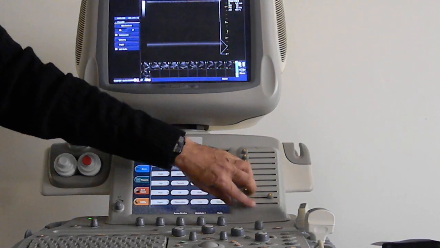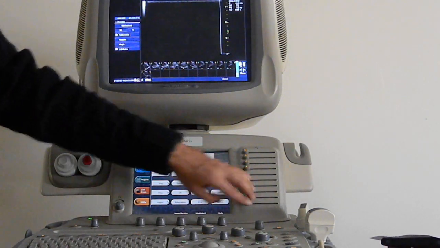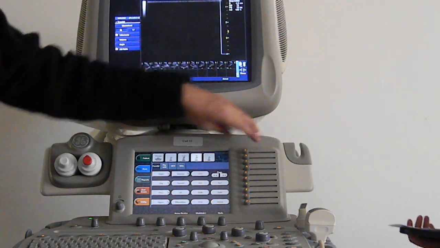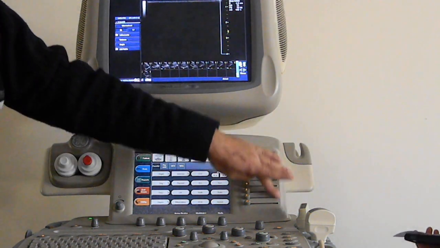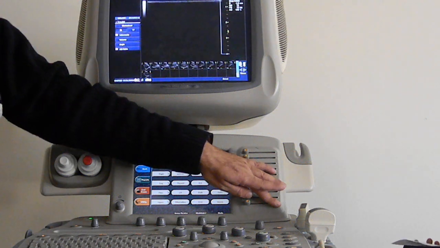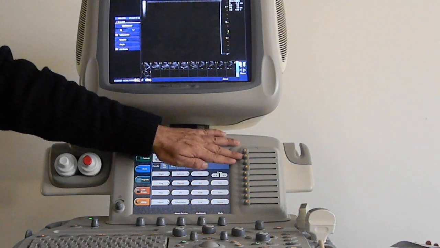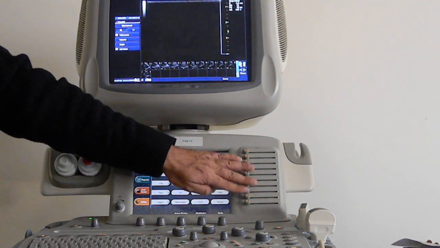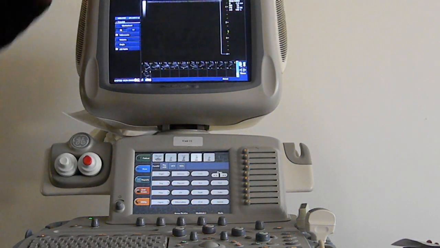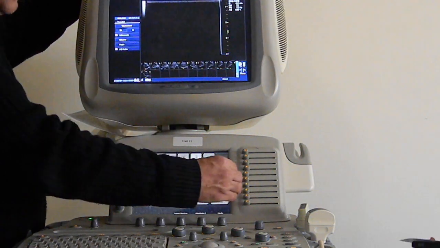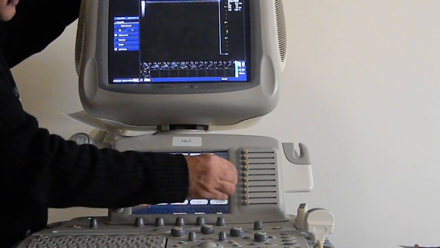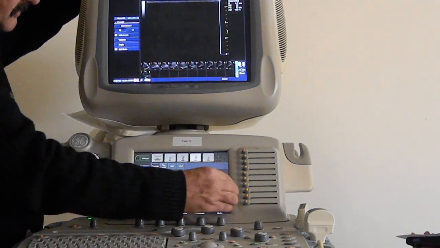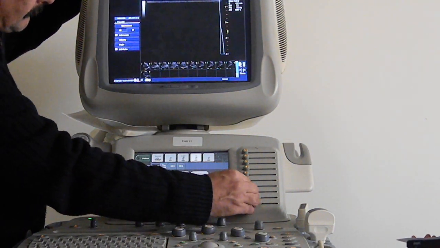So when they're all over here, it's pretty much 0 compensation. And this side here is maximum compensation. The top knobs are going to be shallow depths, and as you go from top to bottom, it's going to be deeper and deeper. And you actually will be able to see, if I just slide the knobs here, a line that's going to appear somewhere here.